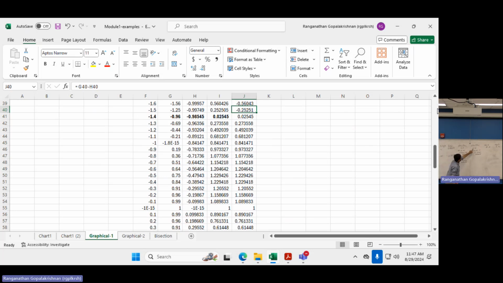F of b times f of x naught: f of b is this, f of x naught is this. Positive, negative. Their product is also negative, which implies b to x naught contains the root.